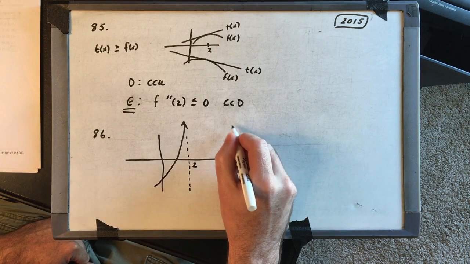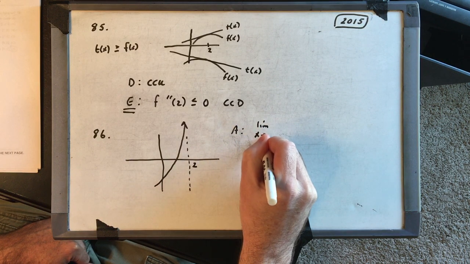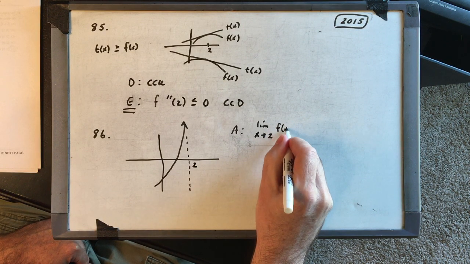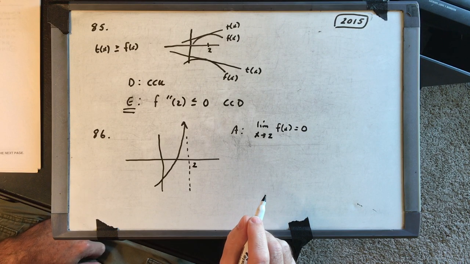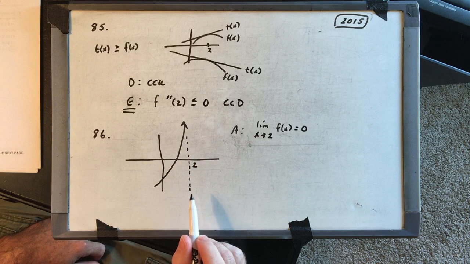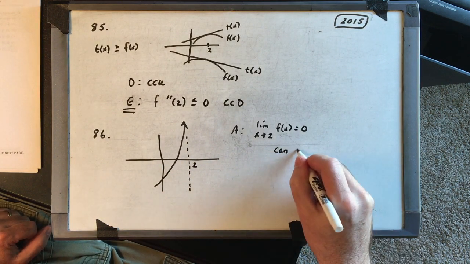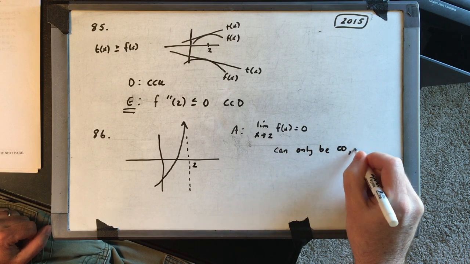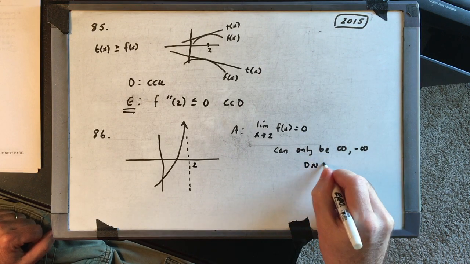All right, so part A says that the limit as x approaches 2 of f of x is equal to 0. Well, if it's a vertical asymptote, it can really only be infinity or negative infinity, which is another way of saying does not exist.